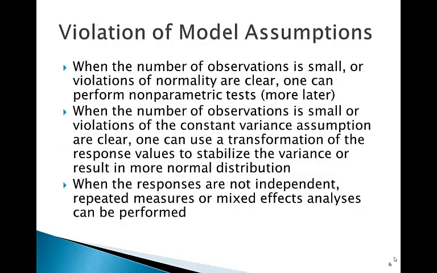If we have a small number of observations or violations of normality are clear, we can perform what's called a non-parametric test, and we'll learn more on non-parametric tests later. If the number of observations is small or violations of constant variance assumption are clear, we can use transformations or some other things to help stabilize the variance.